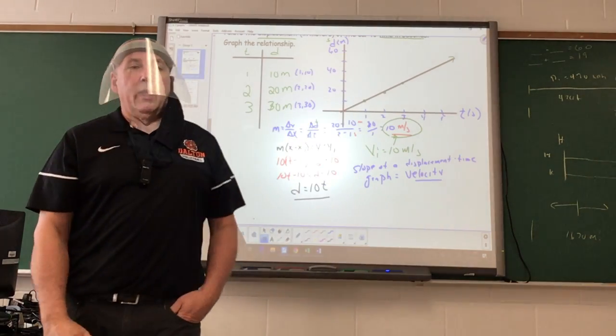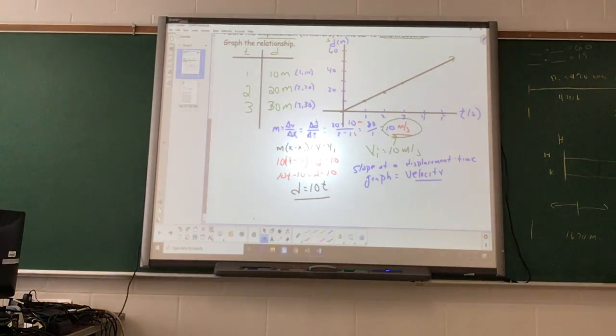This is equal to your velocity. So when dealing with the velocity time graph, or I'm sorry, displacement time graph, when you calculate the slope of a line, that's going to give you a velocity.